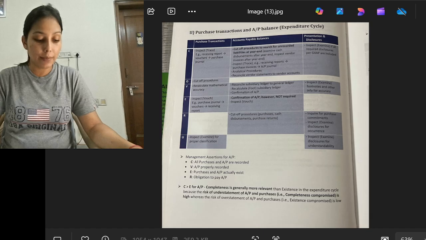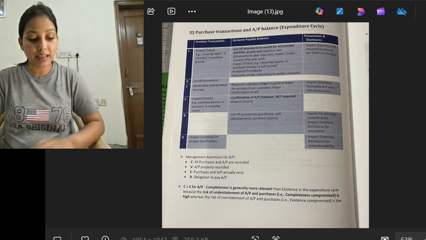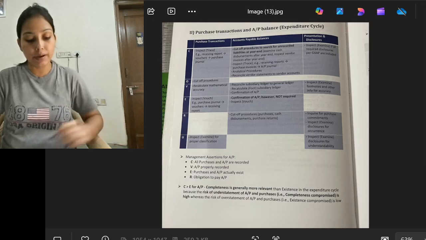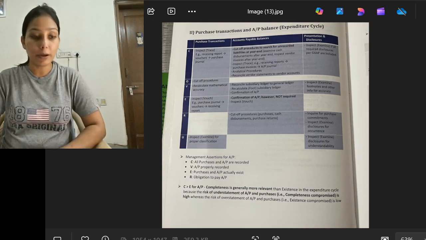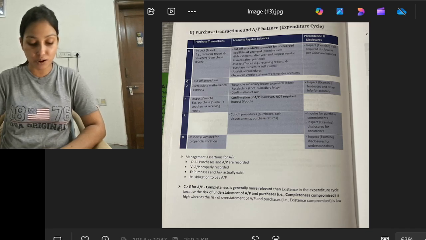Similarly, for the accounts payable, cutoff procedures are used to search for unrecorded liabilities at the year end. In this case, examining the cash disbursements after year end and inspecting vouchers are performed. After that, inspecting or tracing is performed, such as checking receiving reports. After that, purchase invoices are verified and AP journals are checked.